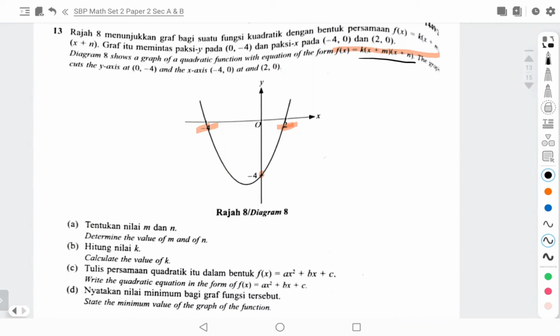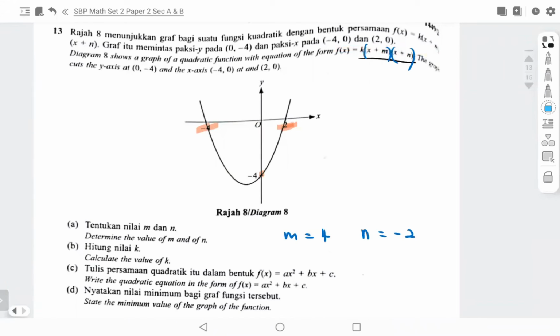Remember factorization? So m is positive 4 and n is -2, because it's in bracket form. Correct.